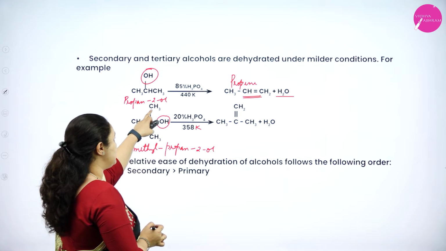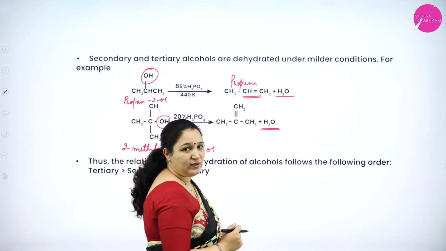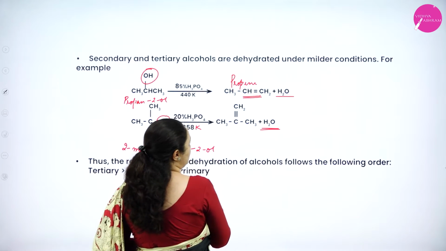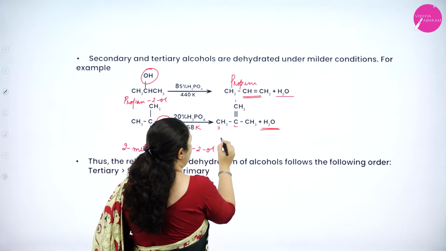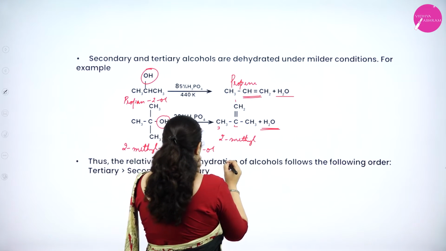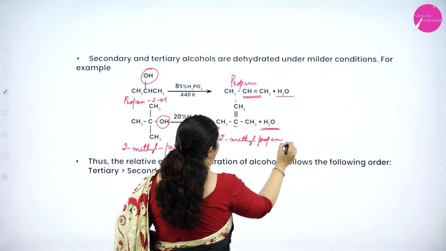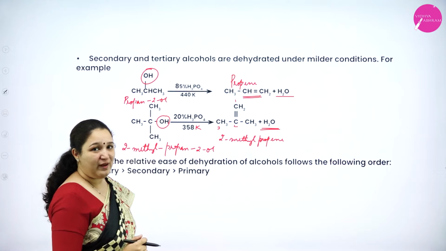We have removed from this carbon atom to go out as water molecule, and there is a double bond which is formed between the carbons. And what is the name of this compound? 1, 2, 3. So 2-methylpropene is formed. Okay, so I hope you have understood.